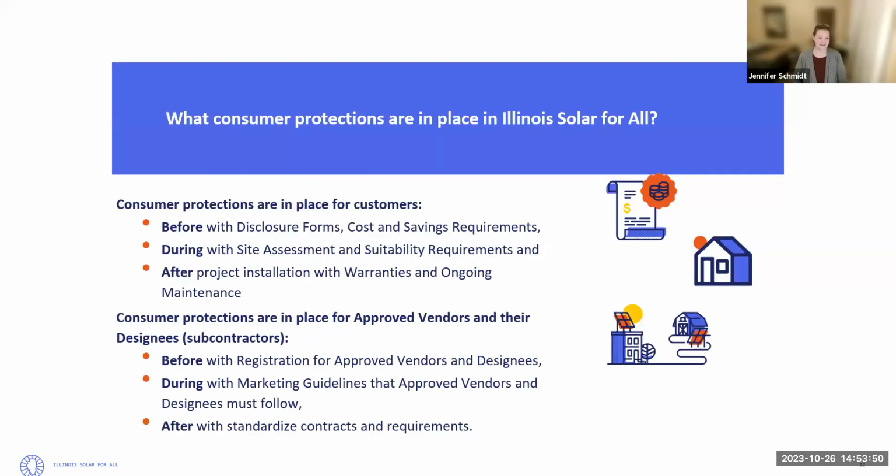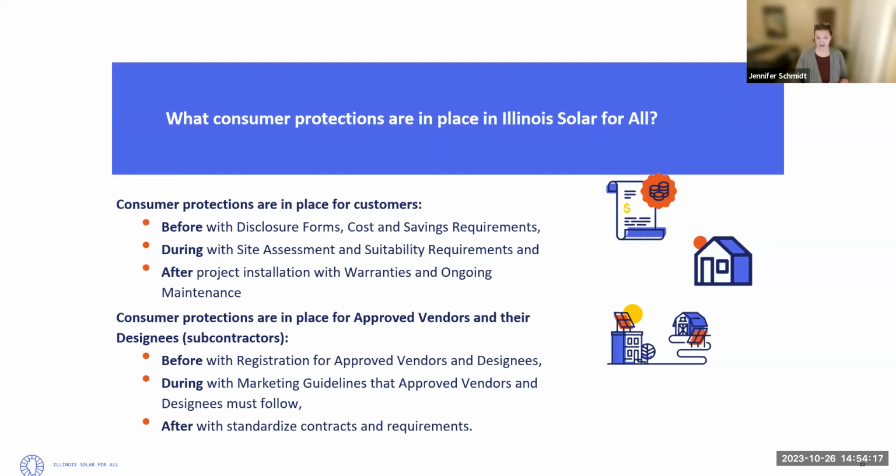Thanks, Adrienne. So we thought it was really important to make sure that, as Adrienne mentioned, anybody that's participating in Illinois Solar for All as a participant is better off because of their participation. We have a number of layers of consumer protections in place, both before with disclosure forms and cost and savings requirements, and during the process of getting involved with the program and subscribing.